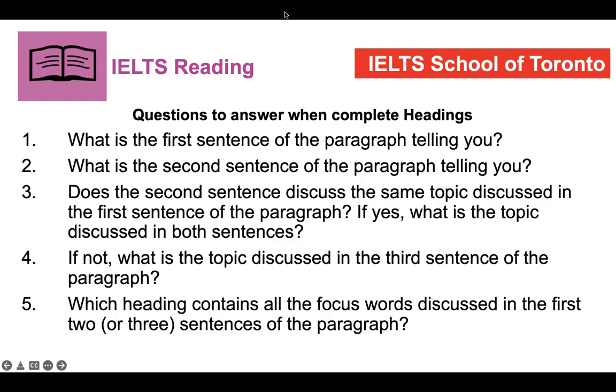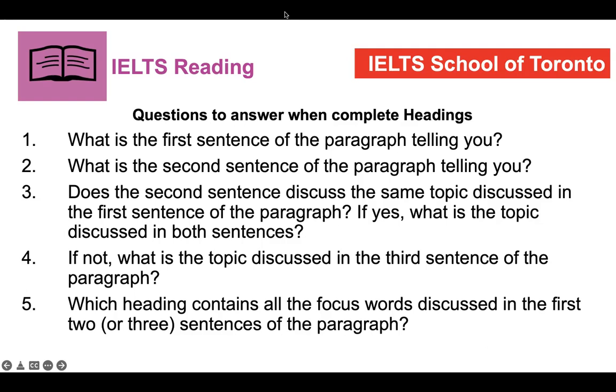Then you read the second sentence and you ask yourself again, what's the main idea in this sentence? This will help you identify the focus. If you have the same focus in sentence 1 and sentence 2, you've got the heading. You don't need to go any further. If the focus changes, you need to read the third sentence, and in a few cases, the fourth sentence actually, to understand what the paragraph is about.